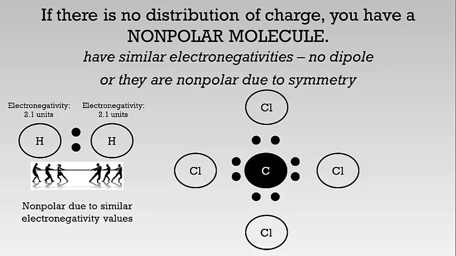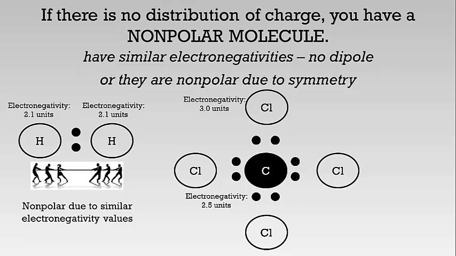A molecule of carbon tetrachloride looks a little different. It has 4 chlorine atoms with an electronegativity value of 3.0 units and 1 carbon atom with an electronegativity of 2.5 units. So chlorine is going to pull on those shared electrons in that bond, and carbon will also pull back, but chlorine pulls a little harder because it's more electronegative.